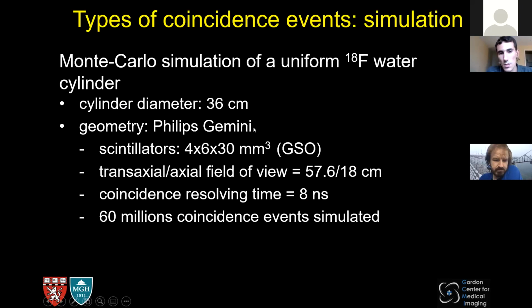It's an older PET scanner, but it's still useful in simulation. It has scintillators made of GSO. The field of view is 57.6 centimeters in the transaxial direction and 18 centimeters in the axial direction. The coincidence resolving time that we've talked about is 8 nanoseconds for this scanner. And we've simulated 60 million coincidence events.